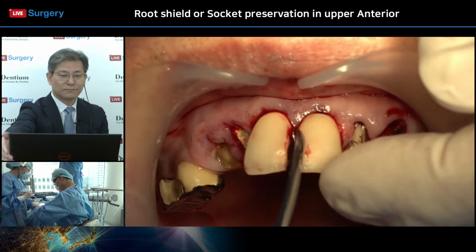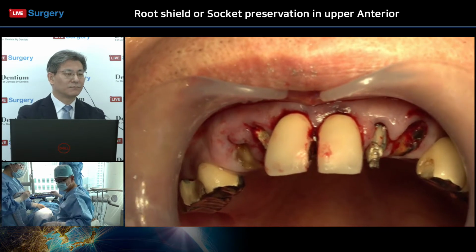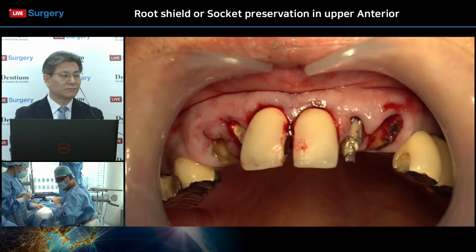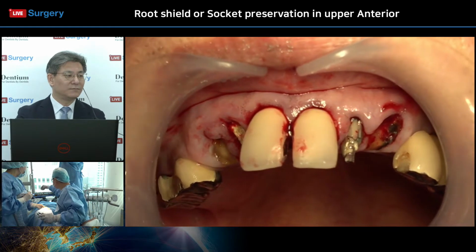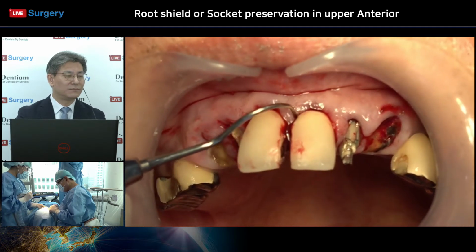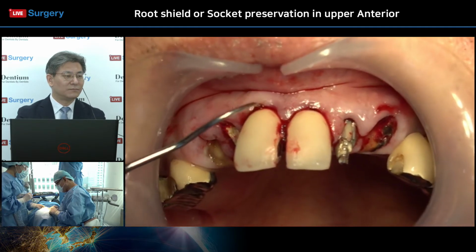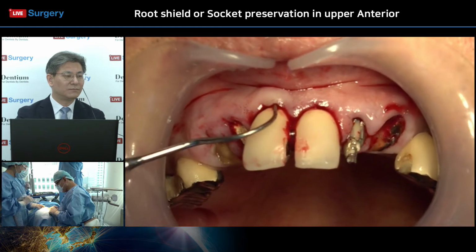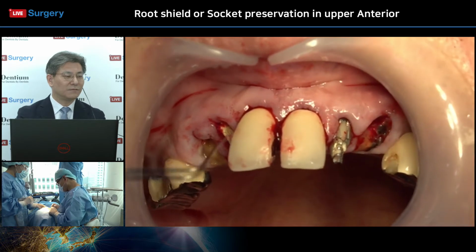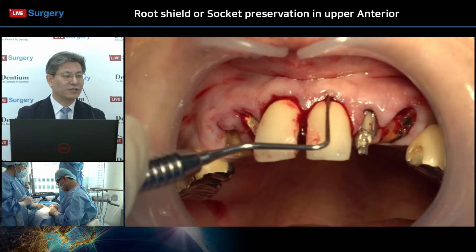For the extraction of the 2 anterior teeth, we aim for extraction without any trauma. Usually for extraction of the anteriors, we use a periotome like this and try to cut completely.